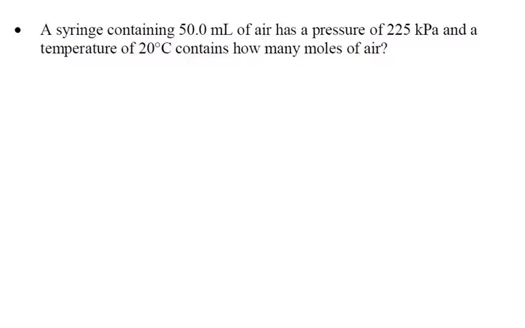Next problem. A syringe contains 50 milliliters of air at a pressure of 225 kilopascals and a temperature of 20. I'm going to change that right now to 293 Kelvin. It asks how many moles. If I see moles in a problem, then I know it's a PV equals nRT problem. So I'm going to find all my values.